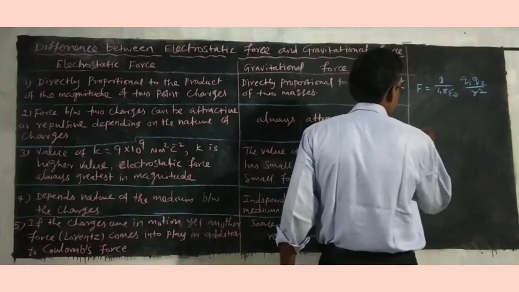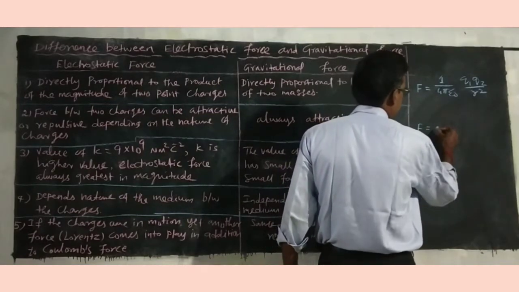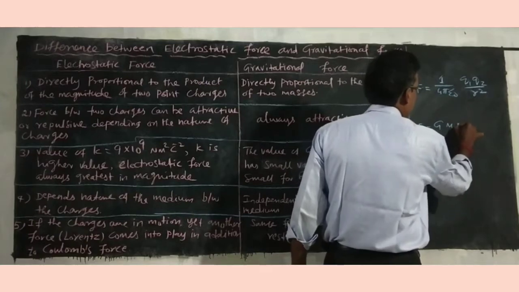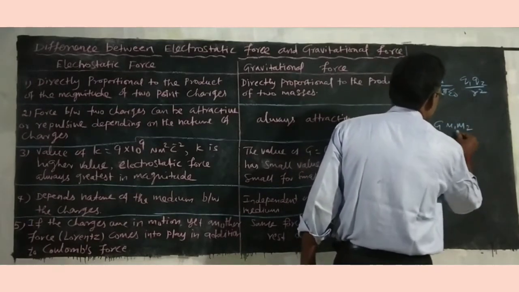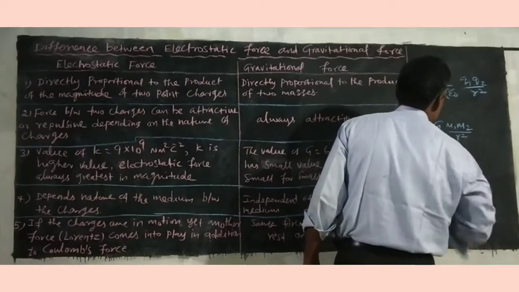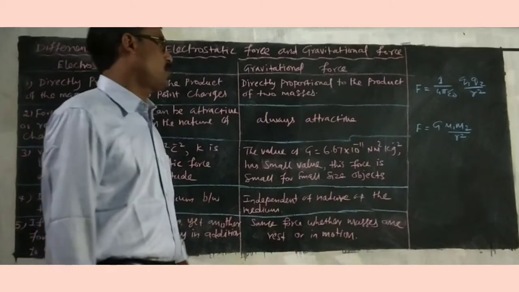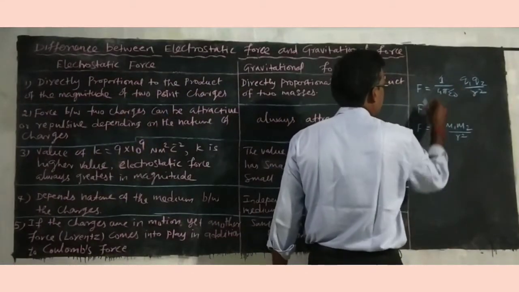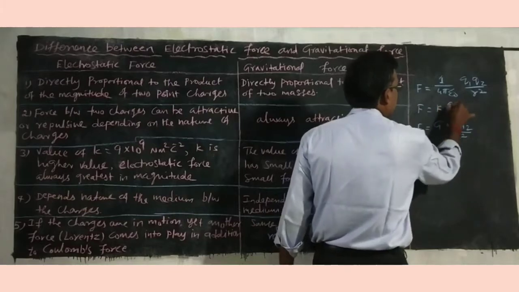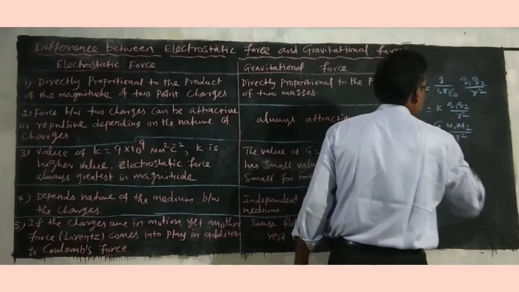And there is a gravitational force F. This we know is G m1 m2 by R square. This force, we already know, F is equal to the electrostatic force, K into Q1 Q2 by R square.